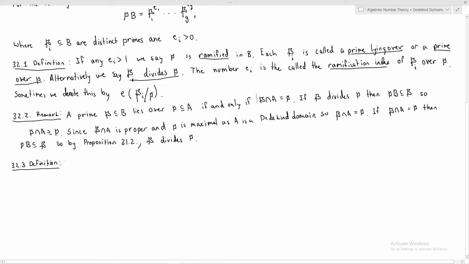So we're going to define the residue class degree of, say, big P over little p by, so it's denoted F instead of E. The residue class degree of big P over little p is the degree of the following field extension.